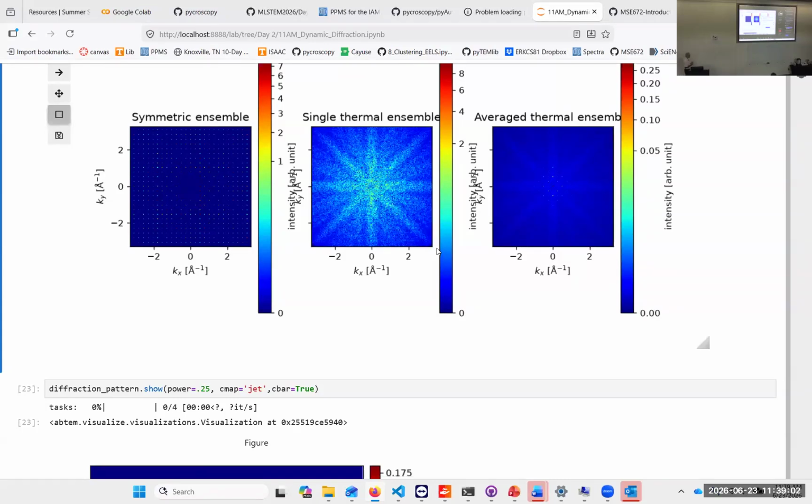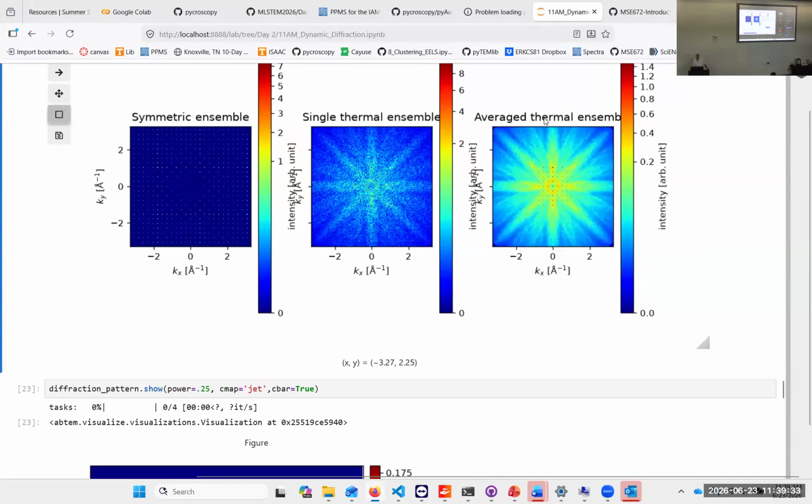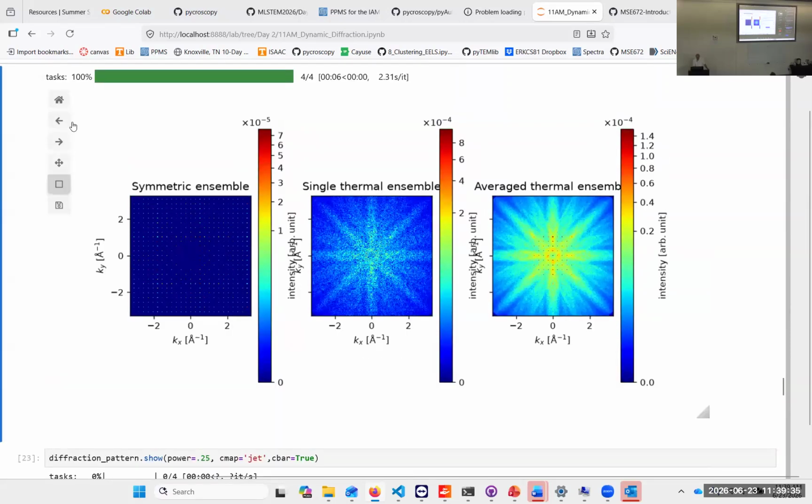So the Kikuchi lines, as we said, are based on the center of the microscope sample, and then go into different orientations depending on the Bragg conditions that they will see. So here we see very clearly the different Kikuchi lines, and if we do that over 12, then that's a bit much.